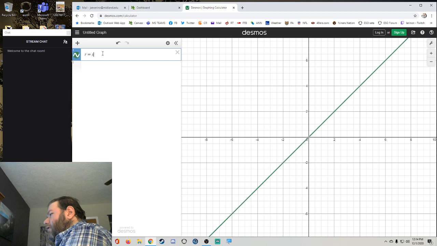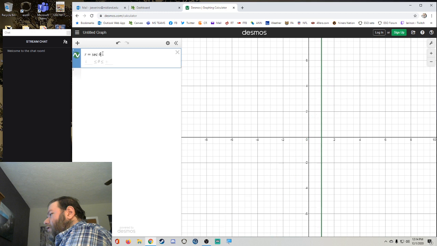If we look at secant theta, that's a vertical line. 4 times secant theta just moves it out to 4, 5, 6, etc. If we look at cosecant instead, that should be horizontal. There we go.